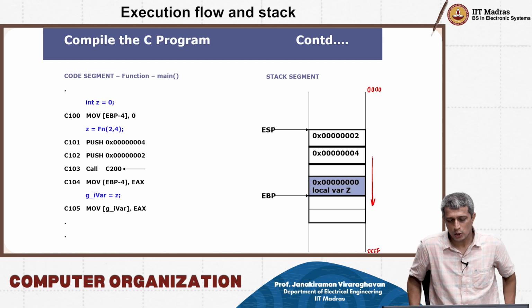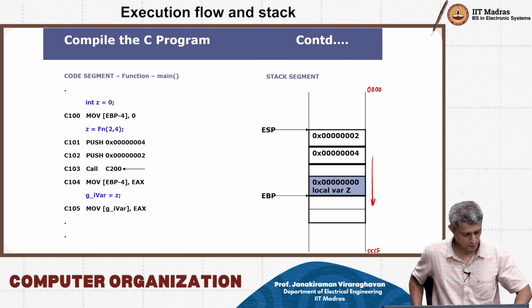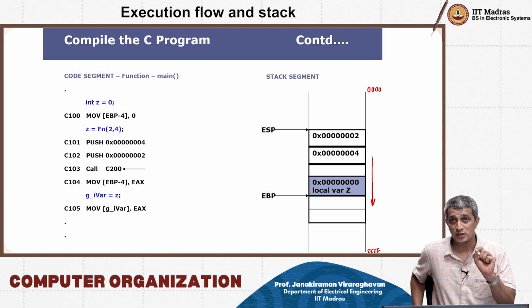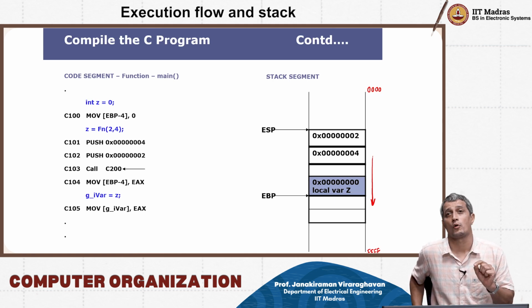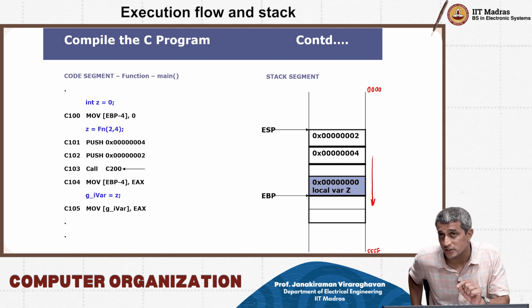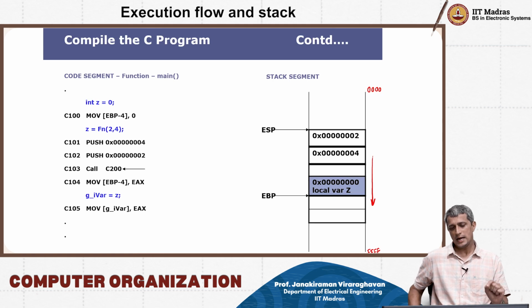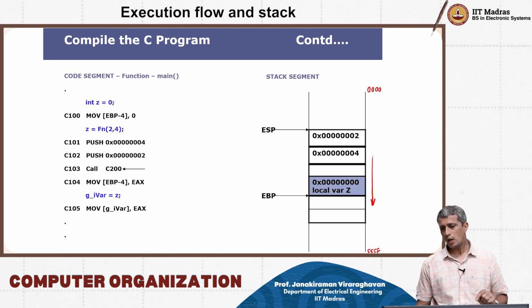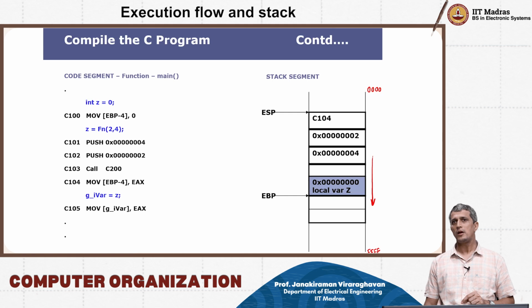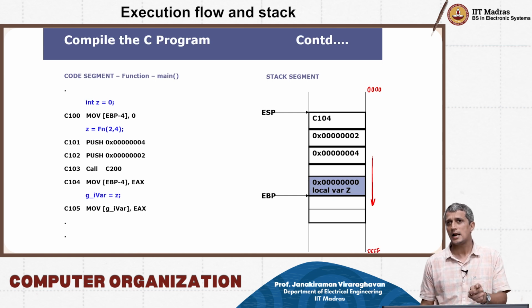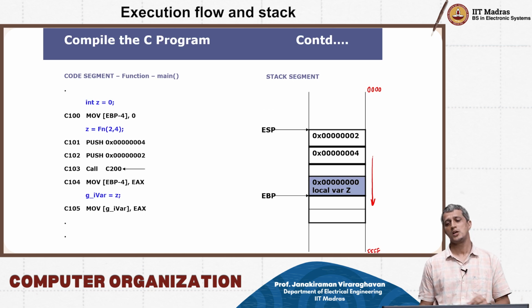Now when you execute call C200, the instruction pointer is already pointing to C104 because that's where the next instruction is sitting in the code segment. And therefore when you do call, what will happen? First the return address, that is C104, will get pushed onto the stack, as you can see on the right.